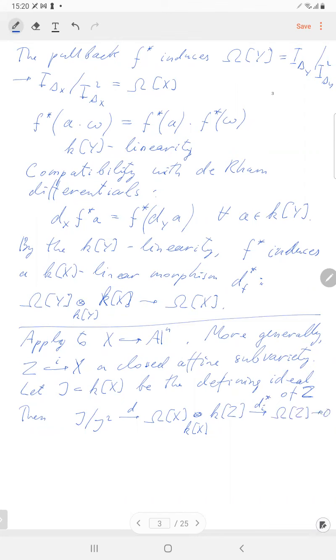And this is surjective. Okay, but I do not claim that the differential on the left is injective.